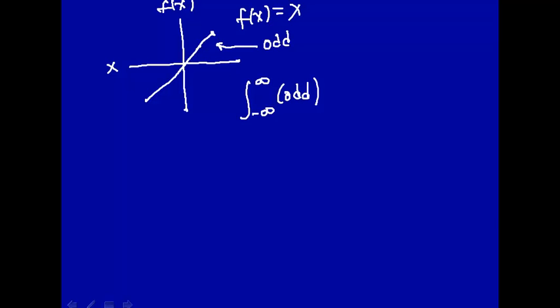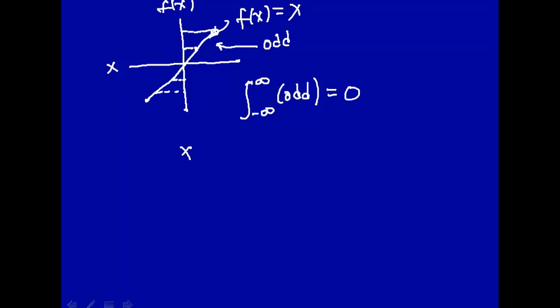So we're summing this value and this value and this value, but for every positive value we have a corresponding negative value. Here's a negative value, there's a positive value. So as we sum up, or in other words, as we integrate across here, for everything positive we'll have an equal negative, it all adds up to 0. So that's why integration over all space of an odd function will be 0.